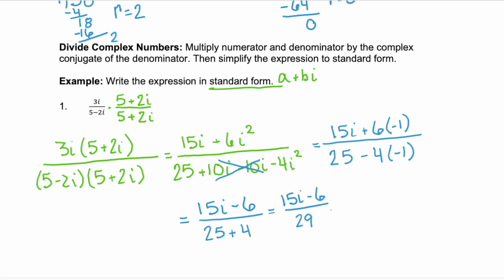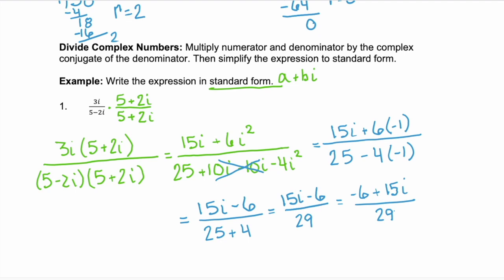Well, remember we need an a plus bi, so we can rewrite our numerator as negative 6 plus 15i over 29. But still, it's all contained in one fraction, and we need to have two distinct parts, a real part and an imaginary part.